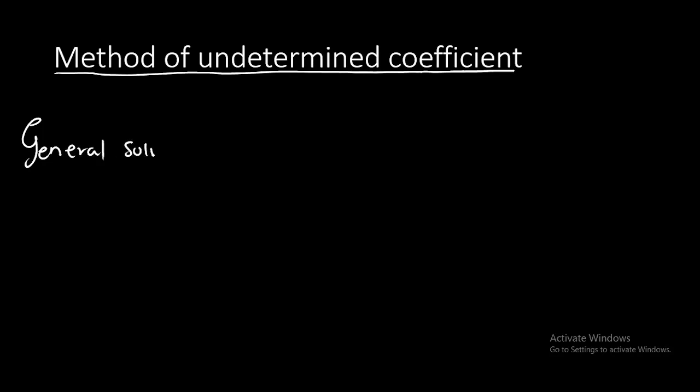Under method of undetermined coefficient, in most cases, you will be required to determine the general solution. Our general solution is given by y equals yc plus yp.